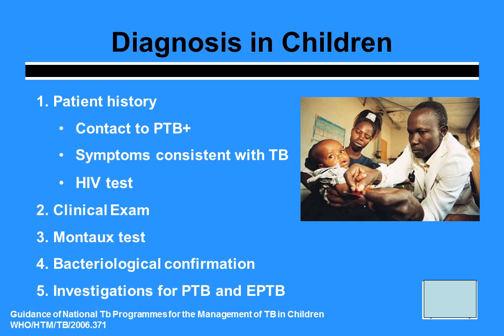Also, we do clinical examination and the Mantoux test or tuberculin test, which is an intradermal test. We introduce a tuberculosis antigen in the skin, and we look for a reaction. Then we also do bacteriological confirmation by sputum examination, and also investigate for pulmonary or extrapulmonary tuberculosis depending on which organ is suspected to have tuberculosis.